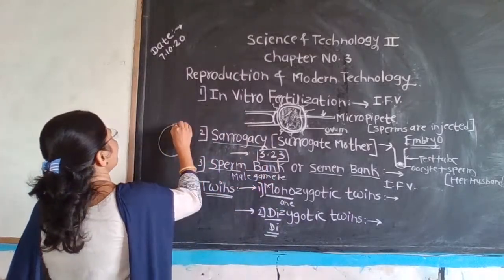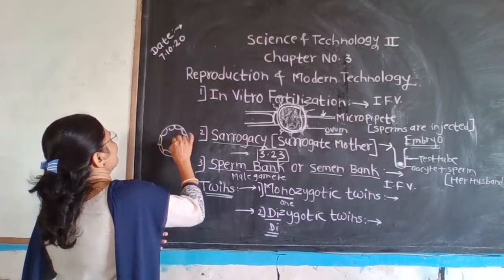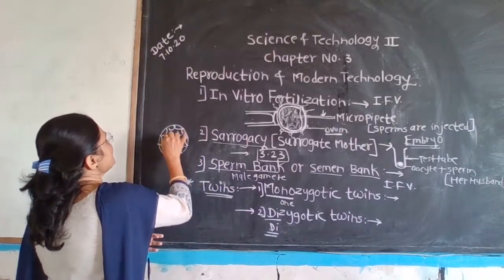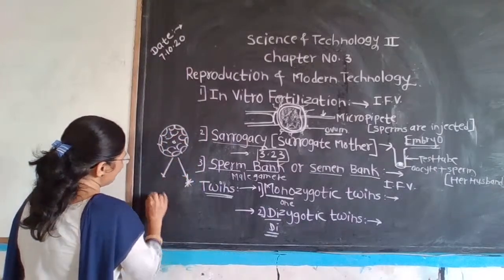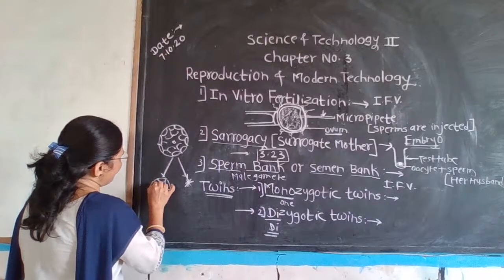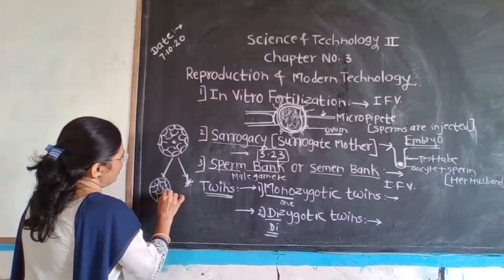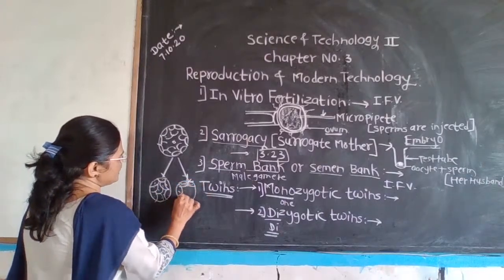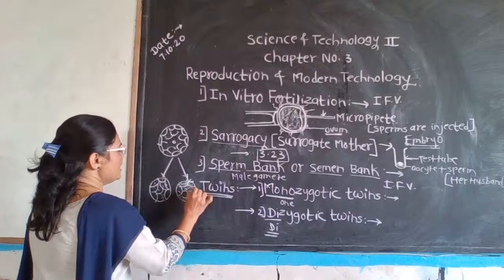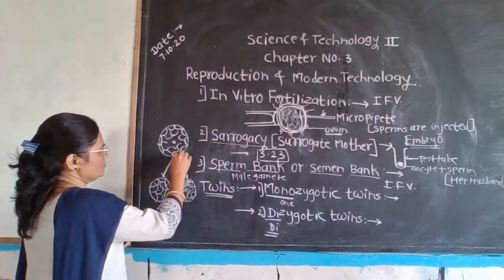See, this is the embryo, and during the early stages the embryo is divided into two embryos separately, and that is why two fetuses are formed, and we call them twins in early embryology.